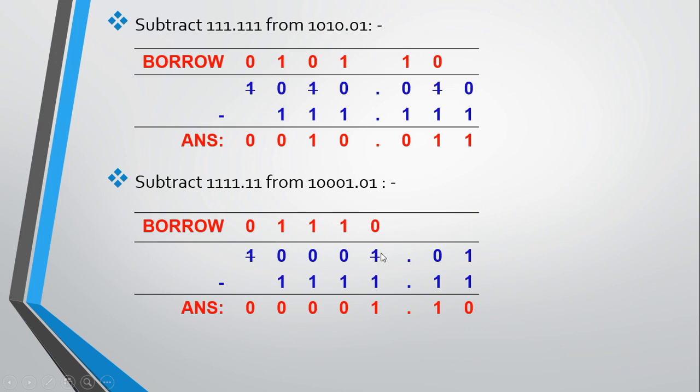You need to perform borrow over here from this, and in between these two numbers you need to put 1. In all the three numbers 1 1 1 is there, and again 1 1 1 is there, which will return 0. So in this way you can perform subtraction of numbers.